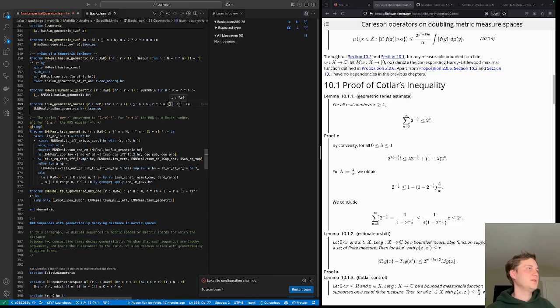Yeah, just to think about this a little bit: is this true for all reals? We need r less than 1, which ensures that 1 minus r is positive. Otherwise it would be negative, and that's not good.